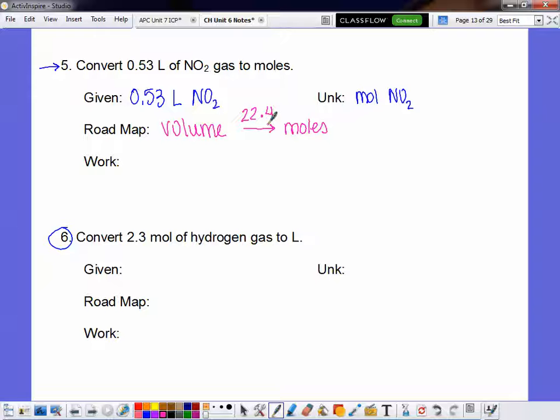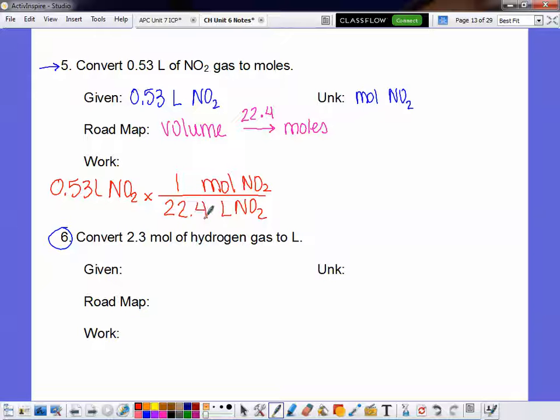All right. So we're setting up our problem, 0.53 liters NO2. What unit goes on the bottom? Liters NO2. And what unit goes on the top? Moles NO2. What do we put with moles? 1. And what do we put with liters? 22.4.